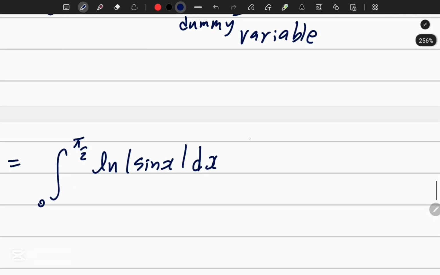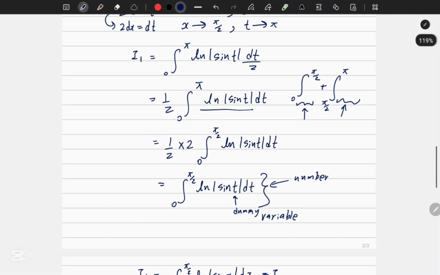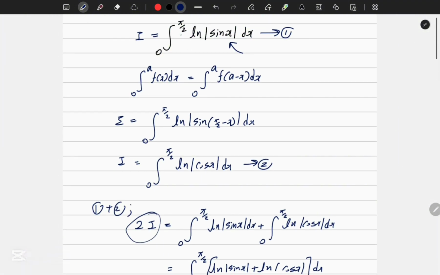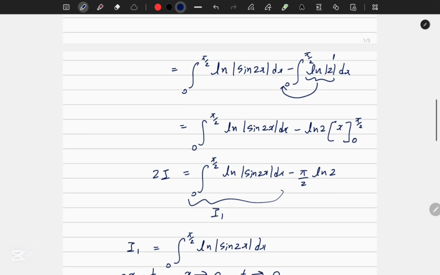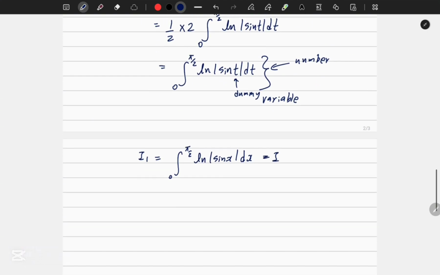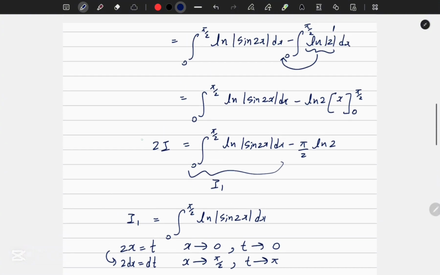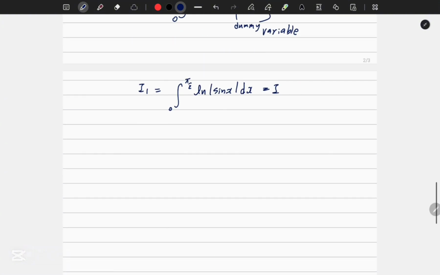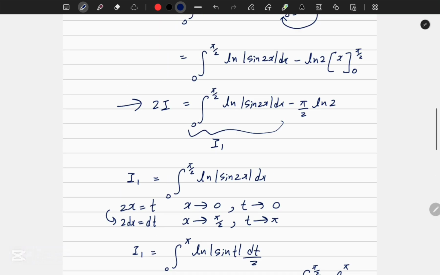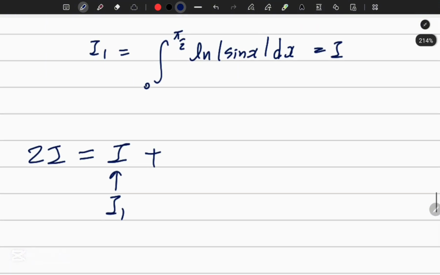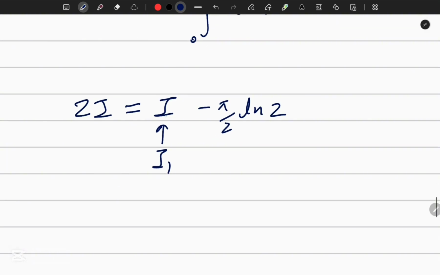Which equals what? This is I also, since we are evaluating I, the integral from 0 to π/2 of ln sin x. So I1 and I are equal. From this step, I can write 2I equals I1, which is I, minus π/2 ln 2.